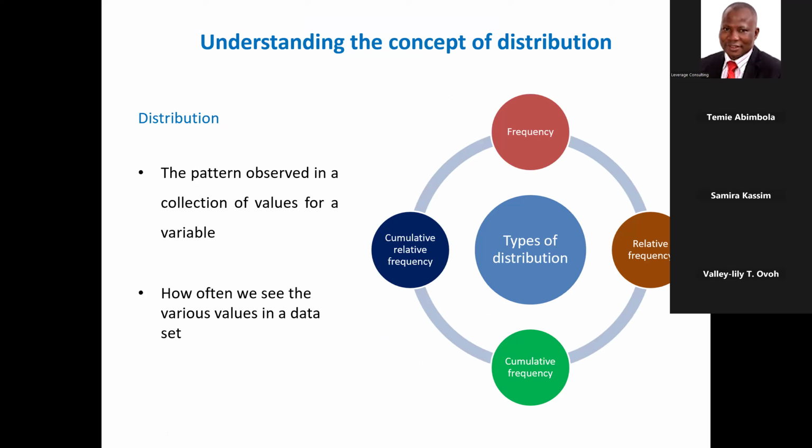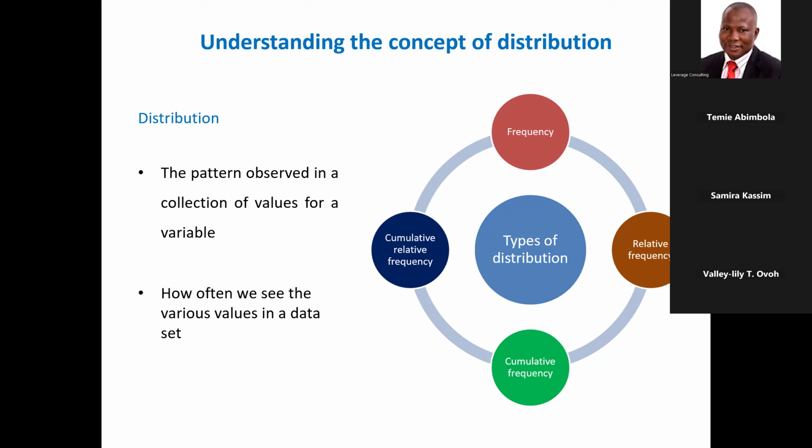When we talk about descriptive statistics, we already said yesterday, we differentiated between descriptive statistics and inferential statistics. That is, statistics as a subject is divided into two parts. If you define statistics, you say it's the science and art of collecting, collating, summarizing, analyzing, and interpreting data.